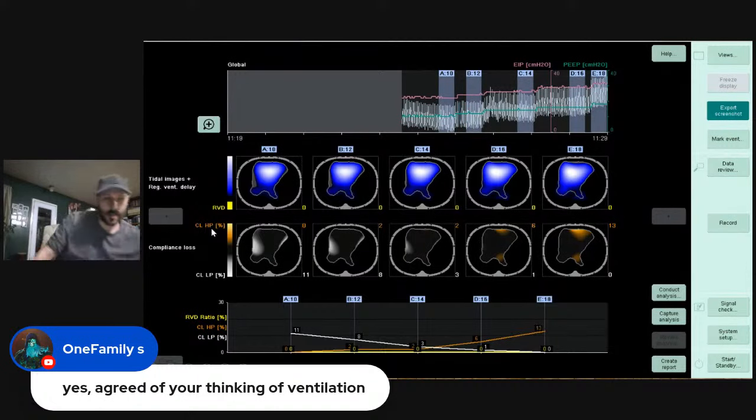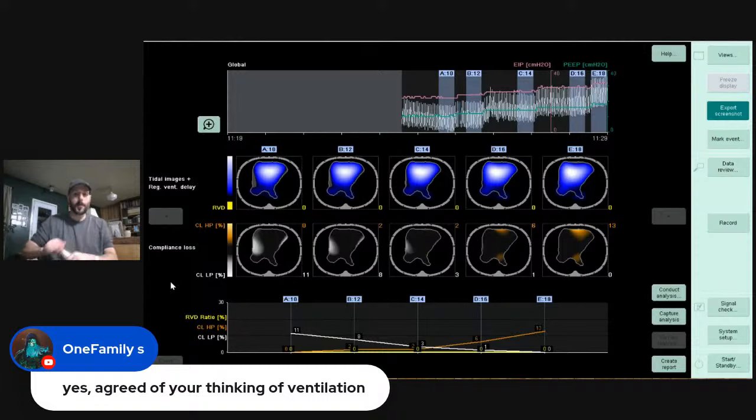What we're looking at here is that if you're seeing any white, it's a compliance loss that puts the lung at risk of atelectasis. If there is orange that appears, it is a loss of compliance that may be overdistension or is leading to overdistension.